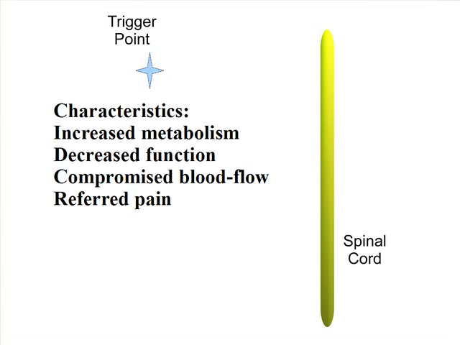It may inhibit the muscle and it won't be as strong. The tissue associated with the trigger point will also have compromised blood flow, which will keep it from getting nutritional support and from evacuating metabolic wastes. And that may all lead to referred pain, which will be at quite some distance perhaps from the trigger point. Seldom is it in the area of the trigger point.